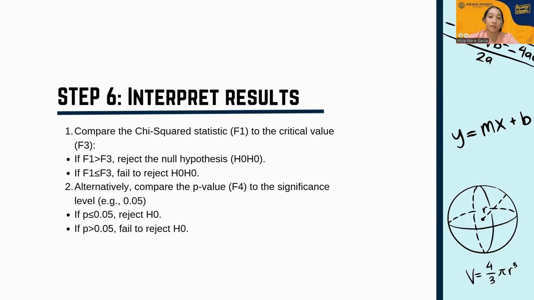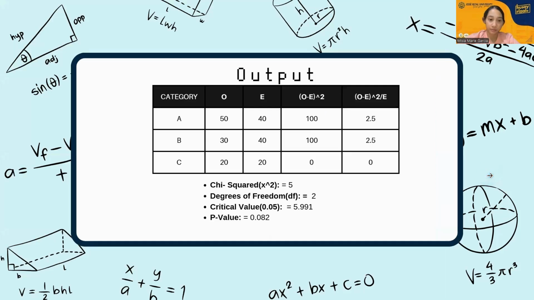Sample output table. Category A, observed frequency 50, expected frequency 40, equals 100 and 2.5.